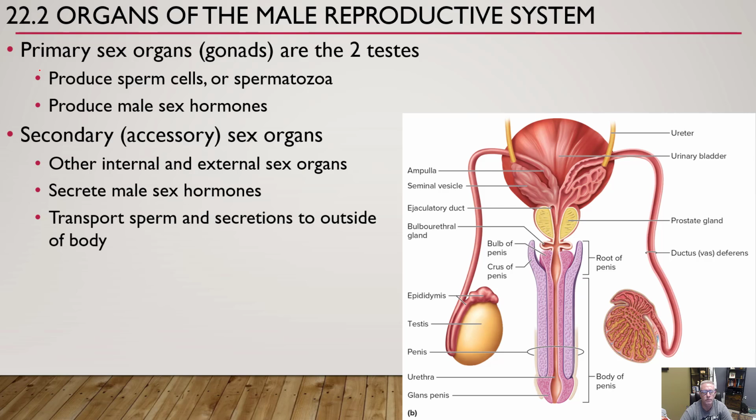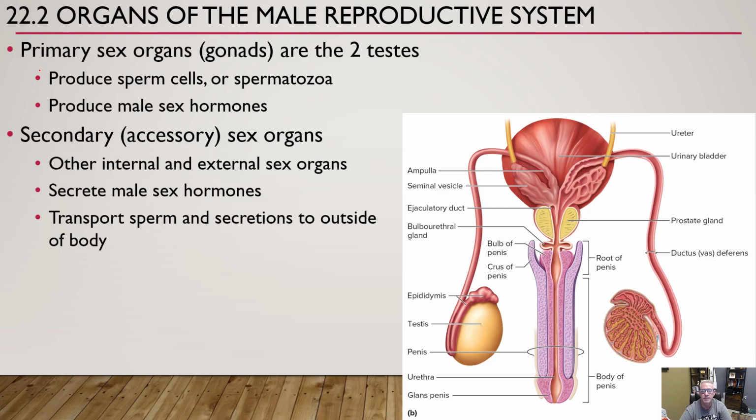So remember, the gonads in males are the testes. Those are the primary sex organs. The testes produce those sperm cells called spermatozoa, and the testes produce the male sex hormones.